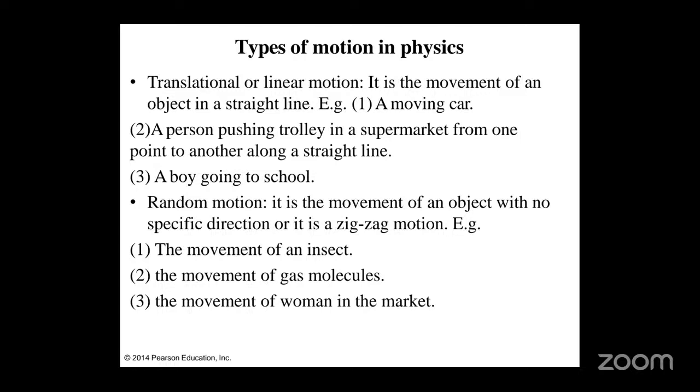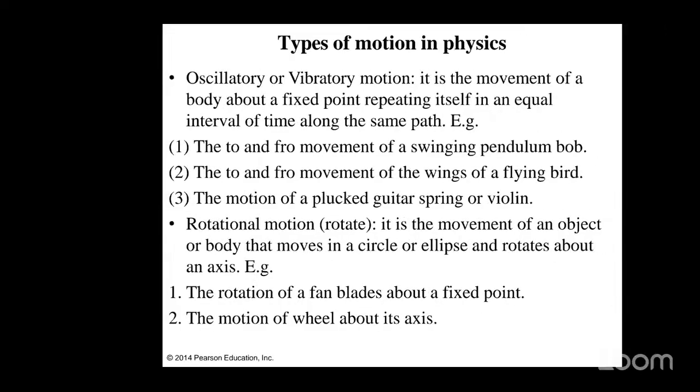So by the time you put their motion together, you discover that you cannot define it. You only classify it as a random motion because their motion will not be straight. It will only fall within this type of motion, which is zigzag motion.